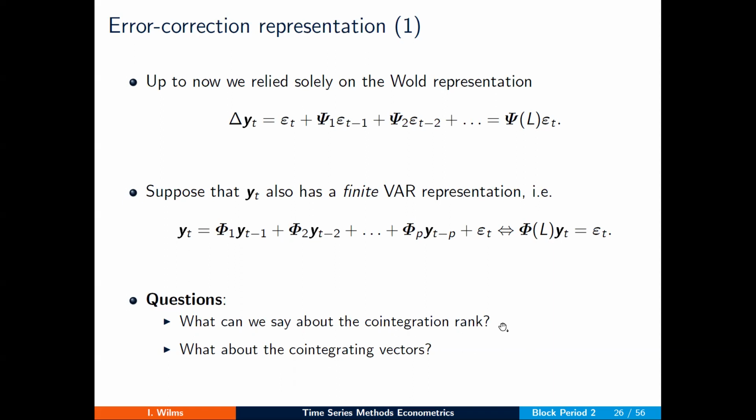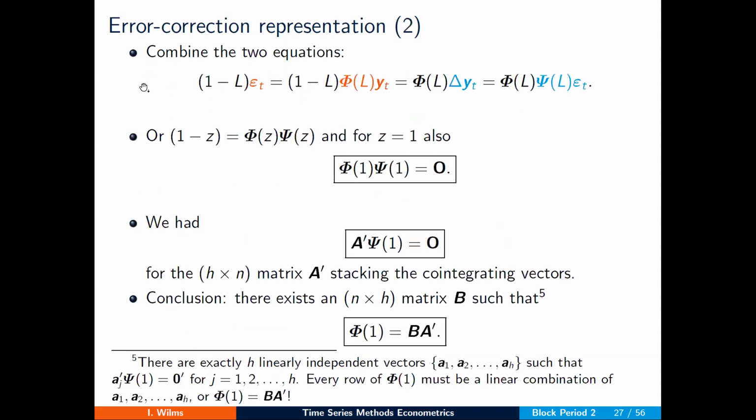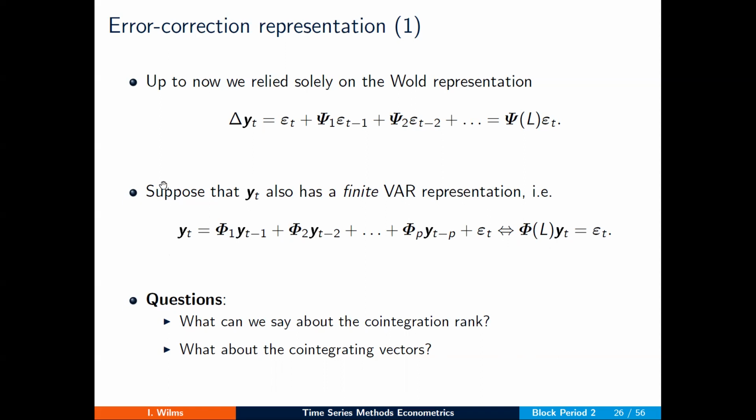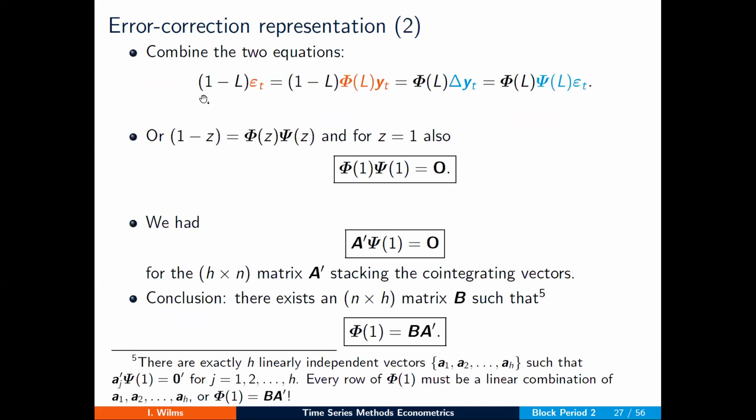Now, what can we say about the co-integration rank and the co-integrating vectors? Well, on the next slide, I'm going to combine these two equations. So let's start from the difference operator applied to the error terms. But now I rewrite my error terms based on the finite VAR representation, the red one from the previous slide.